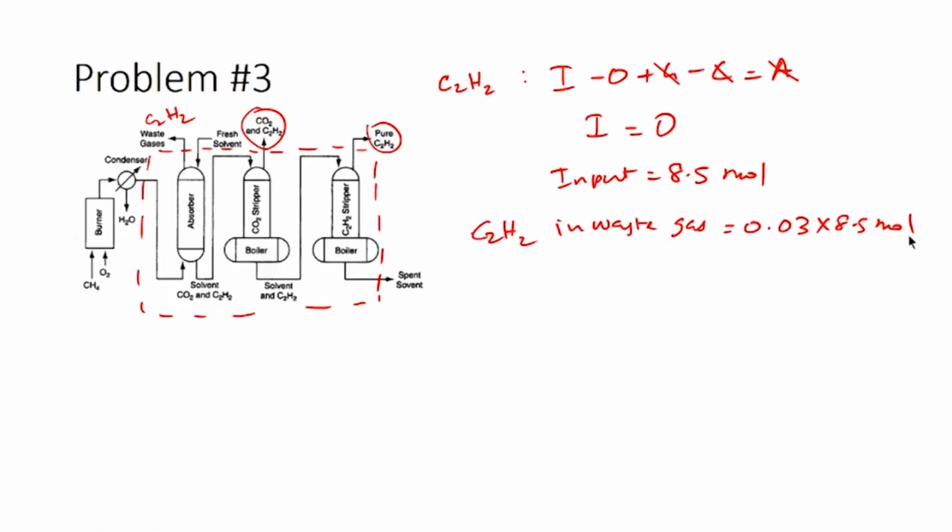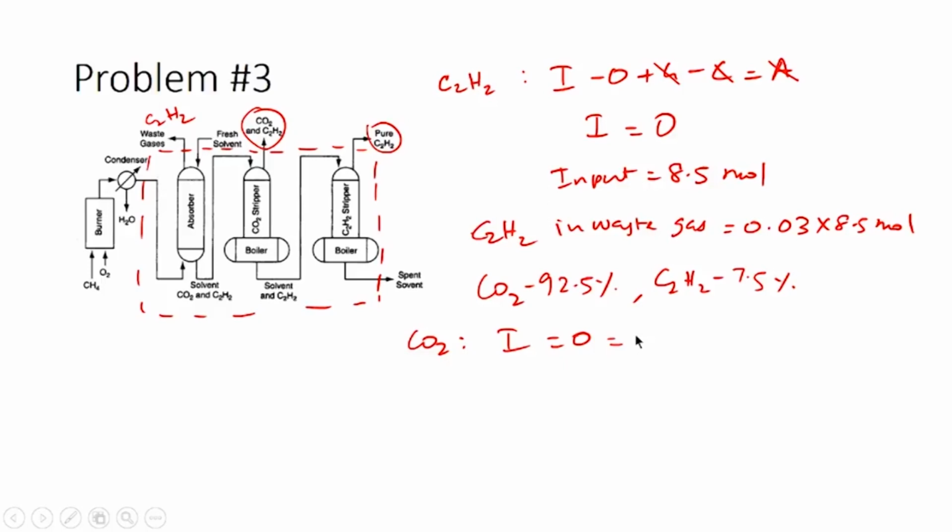Now the next exit stream is acetylene leaving along with carbon dioxide from the CO2 stripper. The information we have is that CO2 constitutes 92.5% and acetylene constitutes 7.5% of this stream, and we know that CO2 is not leaving the system through any other stream. So, all the CO2 entering would have to leave only through this stream. If we write a CO2 balance, we have input equals output, and the output is only through this stream.